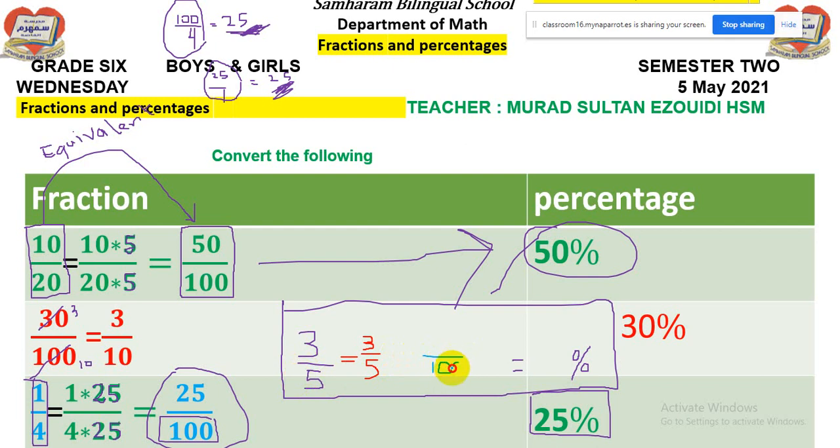Then I will ask you the question: how many groups of 5 are there in 100? How many groups of 5 are there in 100?